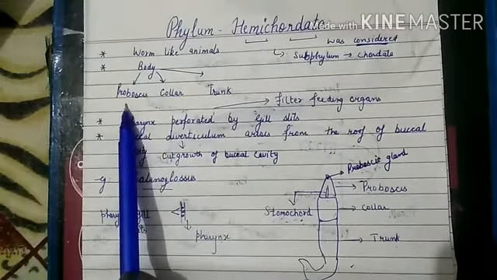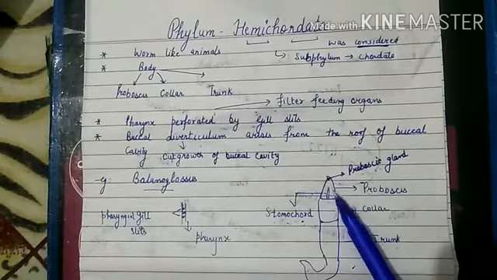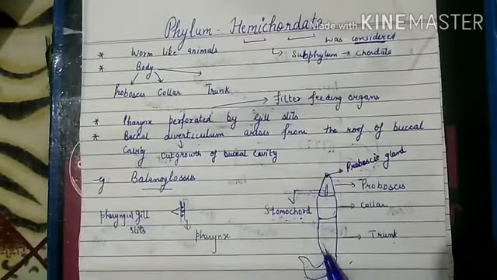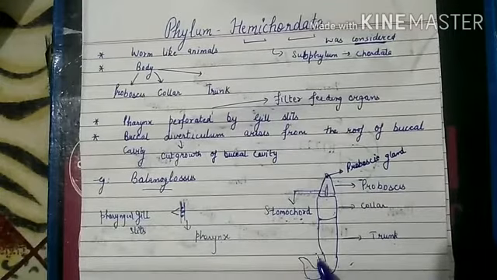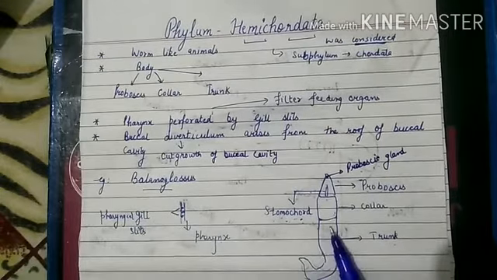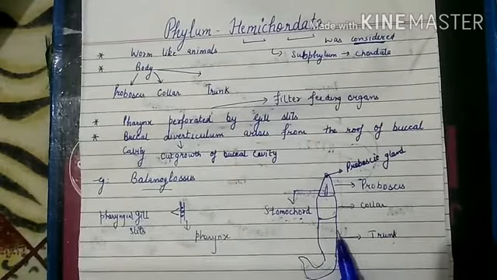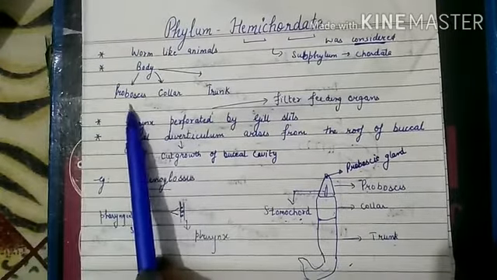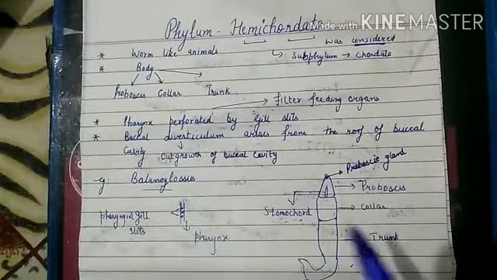The anterior part is known as the proboscis, the intermediate is known as the collar, and the posterior region is known as the trunk. So the body is divided into three parts: proboscis, collar and trunk.